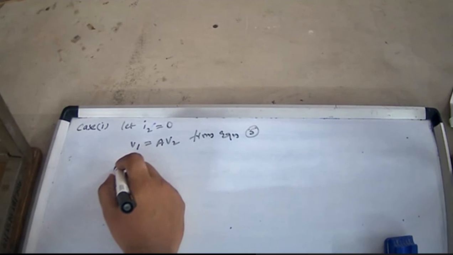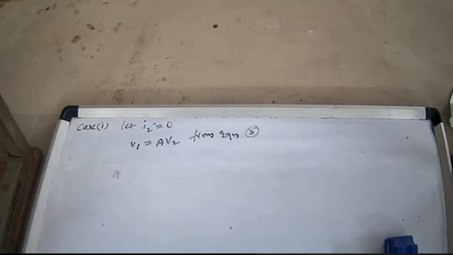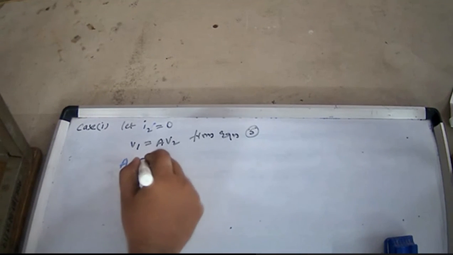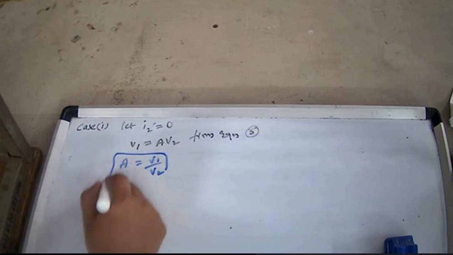Then from this we can say that A is equal to V1 by V2.